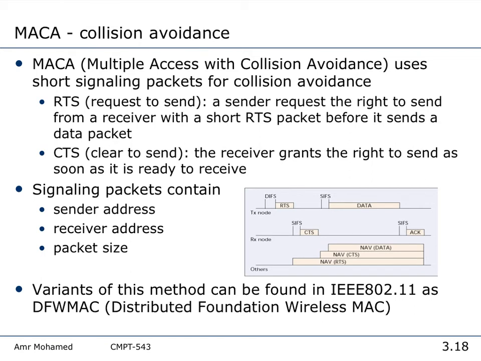It's like another way of trying to avoid, because as we said, if 2 nodes try to sense, okay, and then at some point they find that the channel is idle and they try to send immediately, they will collide. But if they wait for a little bit, okay, then there is a chance that one of them will try to send that before the other, okay, in which case the collision will be avoided.